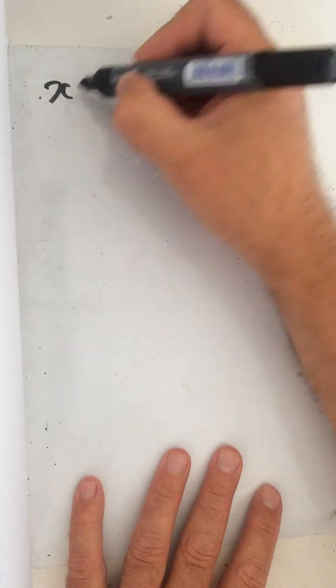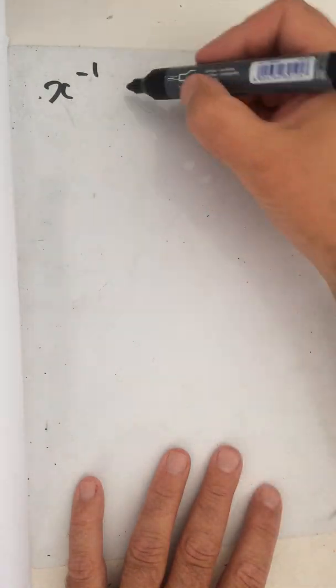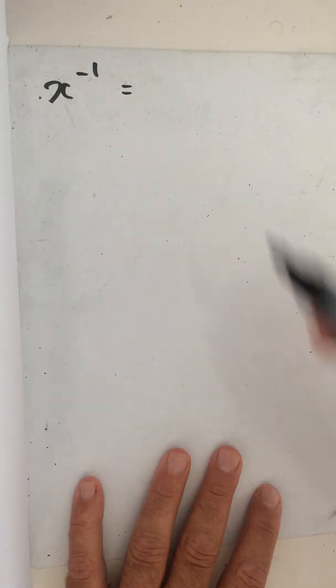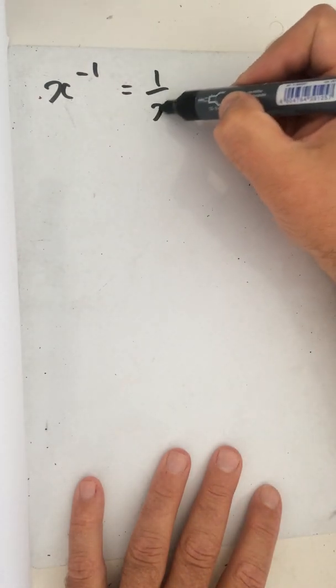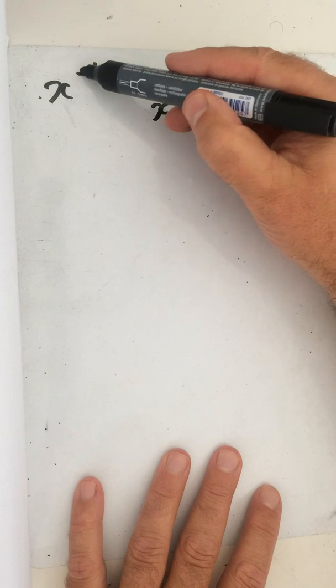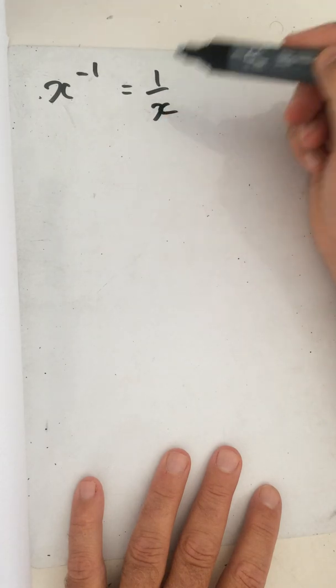Now moving on to negative powers. Okay, again, you've seen the video on it, but I'm just going to go over very briefly what was on the video. So if we've got x to the power of minus 1, okay, that is 1 over x. Because it's the minus 1, we just put that over the x.